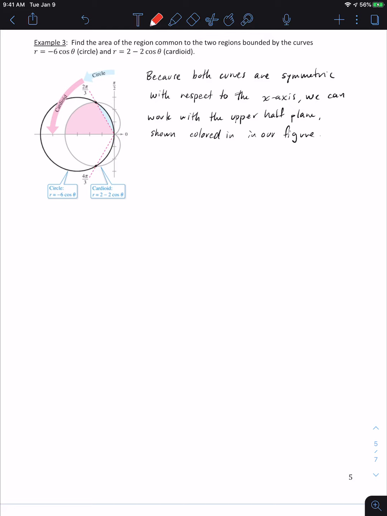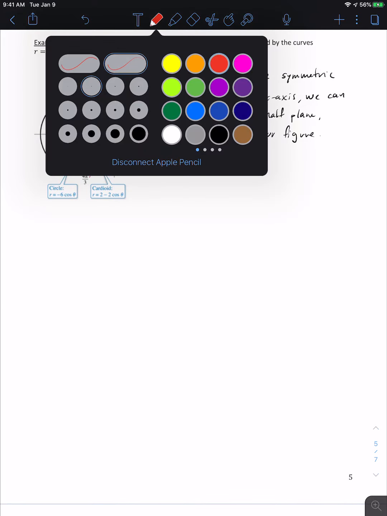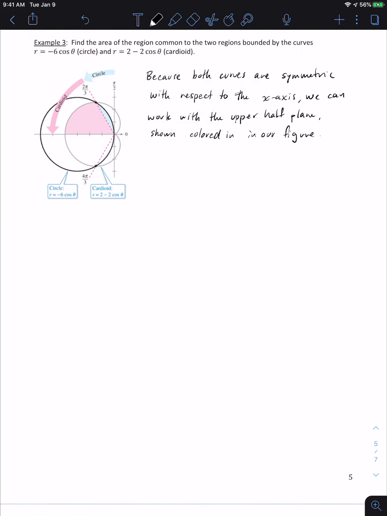So first what we need to do is find the points of intersection. In this case, the origin is one, and this point is one, and this point is one. So we should find our points of intersection. When we do that, we set -6 cosine of theta equal to 2 minus 2 cosine of theta.